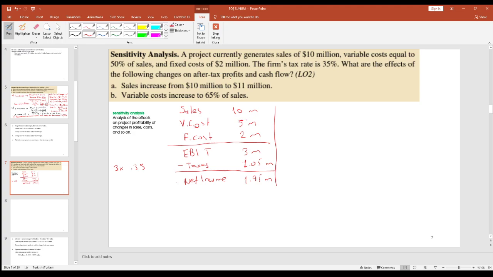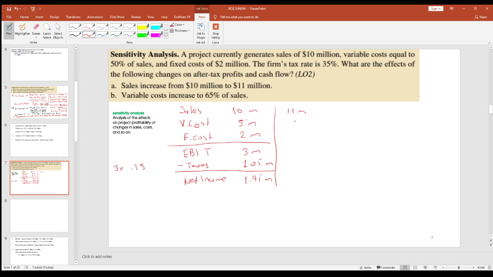Change sales figures because it says there is an additional $1 million in sales. So I will write here 11 million. Remember again, in case of sensitivity analysis, if you change one variable, you need to let the other variables remain the same.